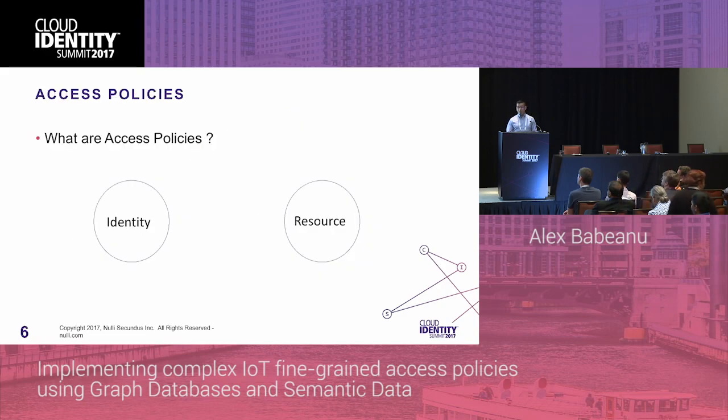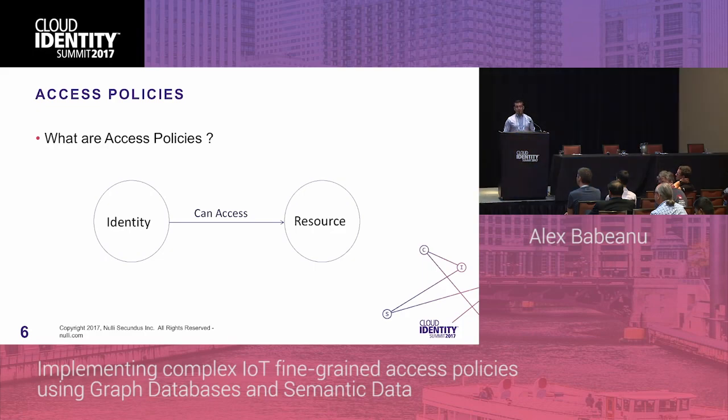An access policy can be represented like that: you have an identity and a resource, and your access policy has to say that your identity can access the resource. You can hard code it like that, or you can maybe just deduce it, but in the end, that's what you want to do. So whenever that identity tries to access the resource, you can easily answer the question, yes or no.